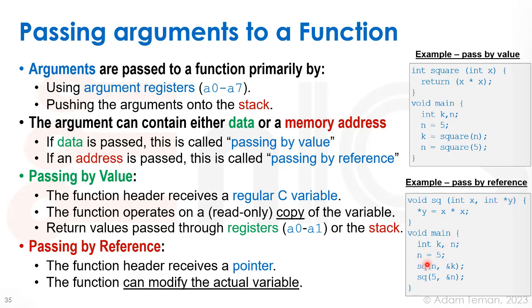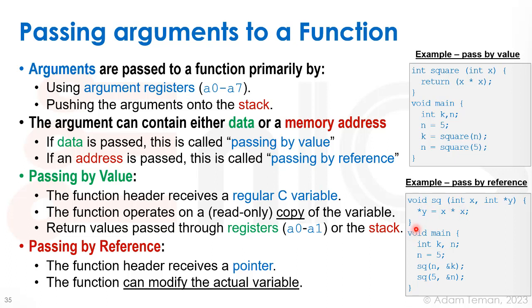Okay, and then when we call this routine, what we do is square n and the address of k. So we give it 5, and we give it the address of k. So 5 is just made a copy over here, and we do 5 times 5 is 25. But since we gave it the address of k, that means y is a pointer, and we say that the value that y is pointing to is now going to be equal to 25.